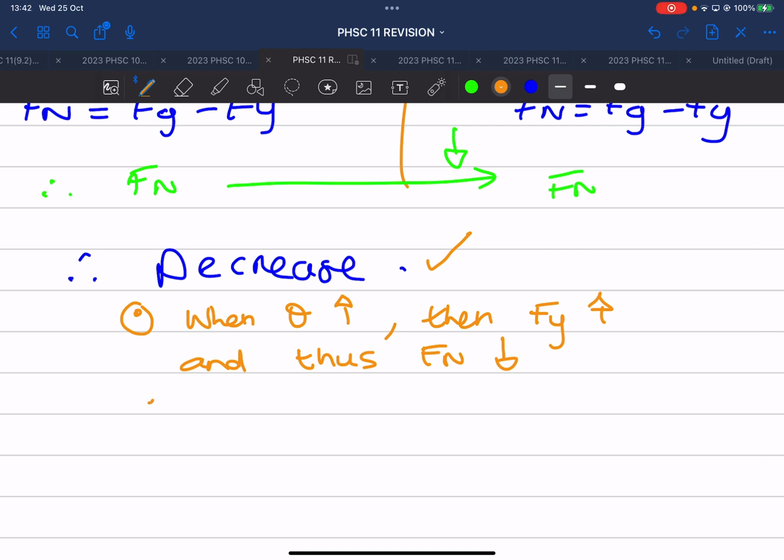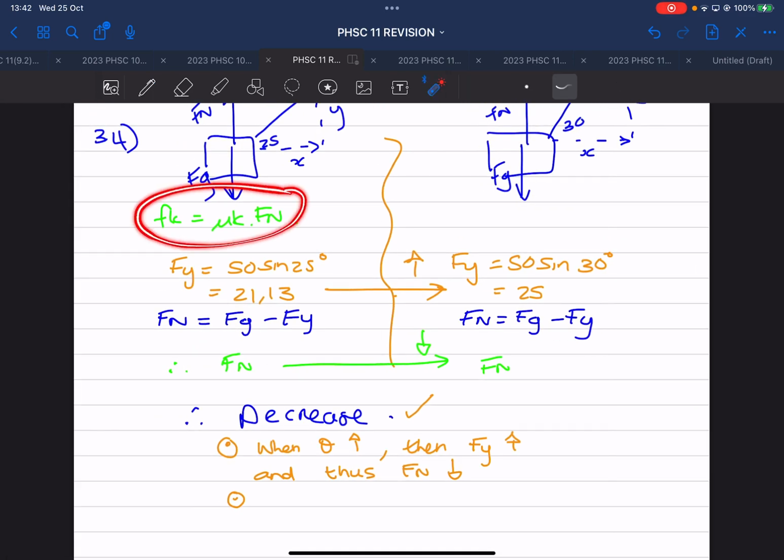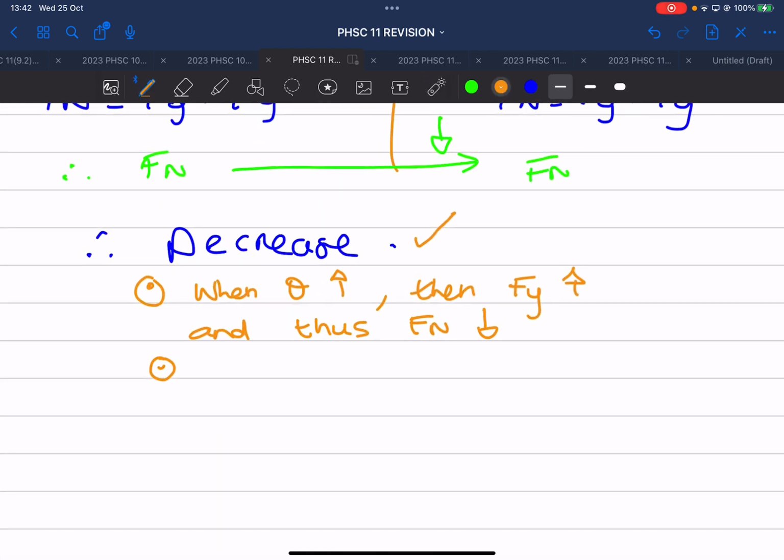Okay, then from there, we looked at a crucial formula. Yes, we looked at formulas there, but those are not formulas on your data sheet. This formula is on your data sheet, so you refer to that formula. So then we say, okay, according to this formula, if Fn decreased, then the frictional force will decrease.